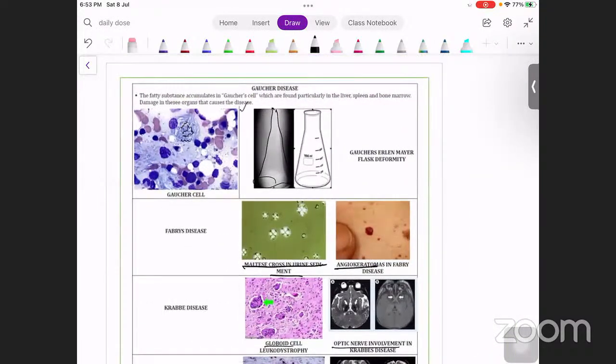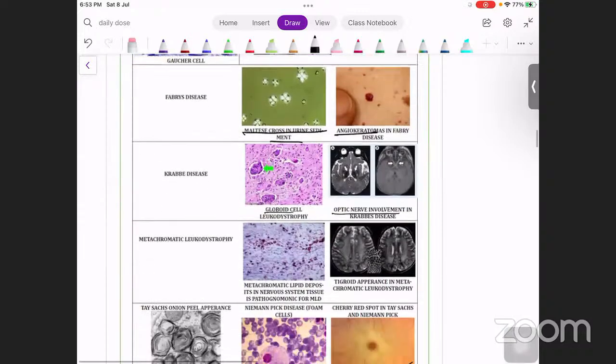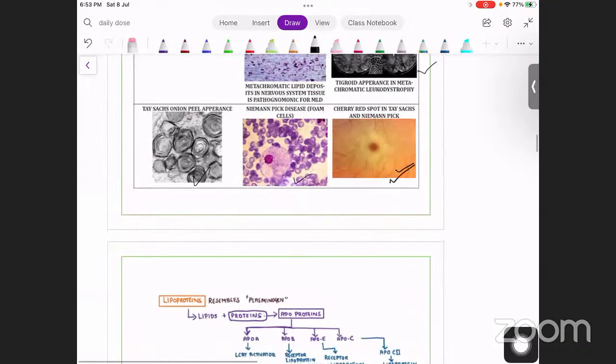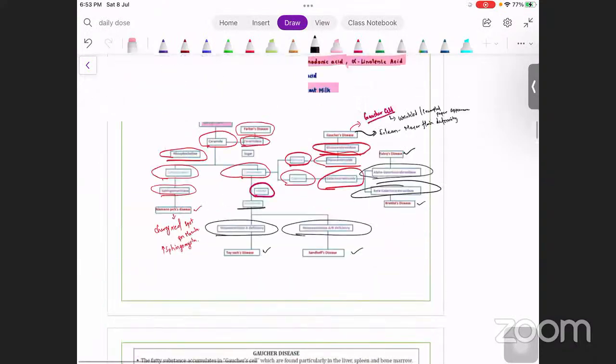Among that, the picture of your Gaucher cell, Erlenmeyer flask deformity, tigroid appearance, cherry red spot on macula, and foam cells are the images that you should not miss. Okay, this is all about your lysosomal storage disease, people.